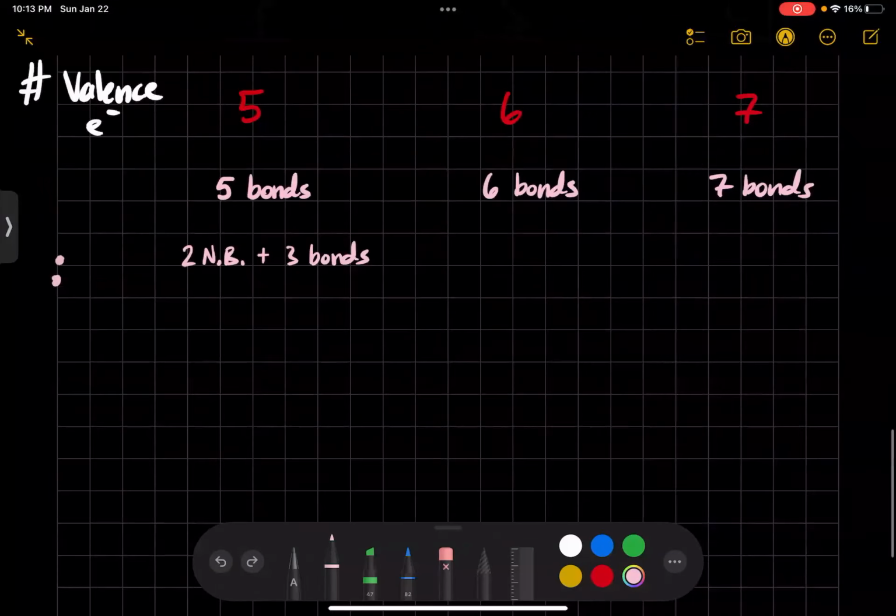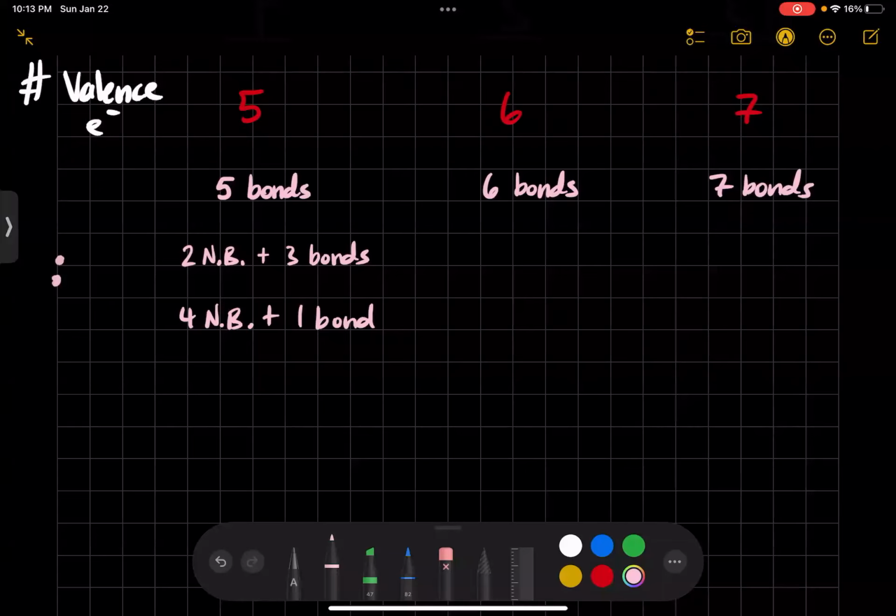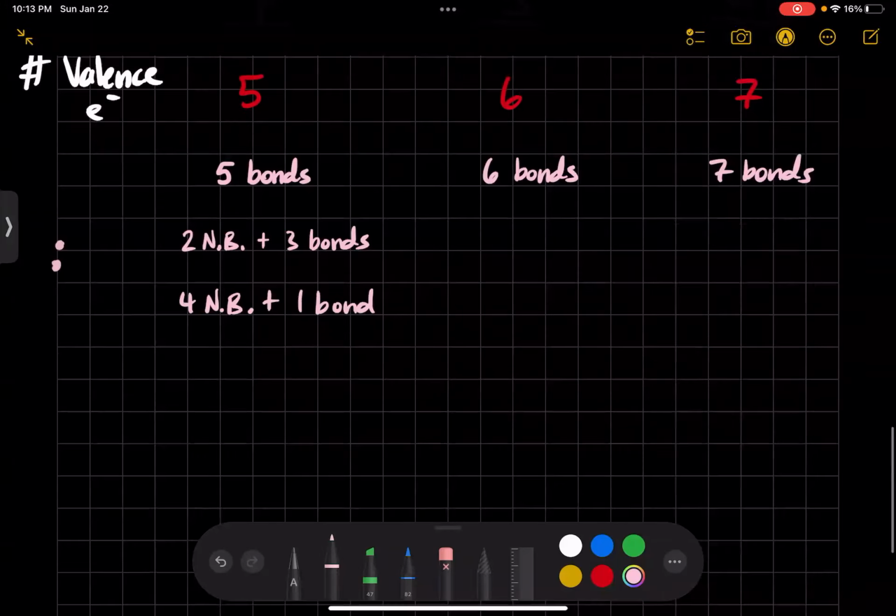In another case, let's say I have 4 non-bonding electrons, or 2 lone pairs. Well then, phosphorus can only form 1 bond. I've written these as non-bonding electrons because this is an absolute electron count.